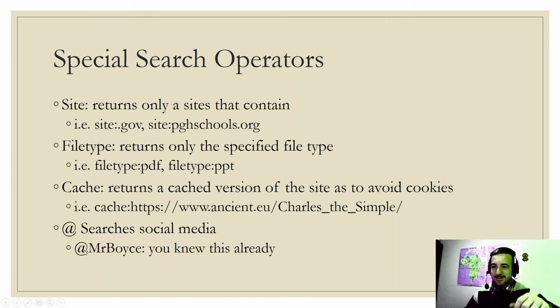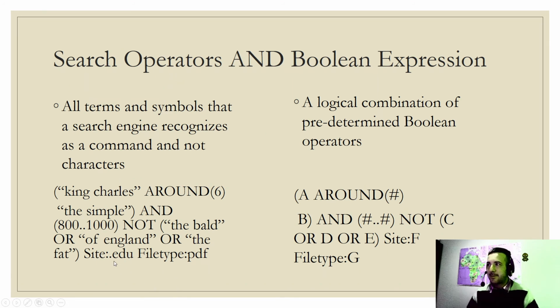All right, moving on to the next step here, we've got search operators and Boolean expressions. We kind of covered this. Search operators and Boolean search operators are all the terms and symbols that a search engine recognizes as a command and not a character. And a Boolean expression is a logical combination of predetermined Boolean operators.